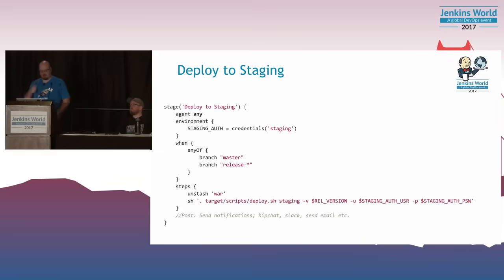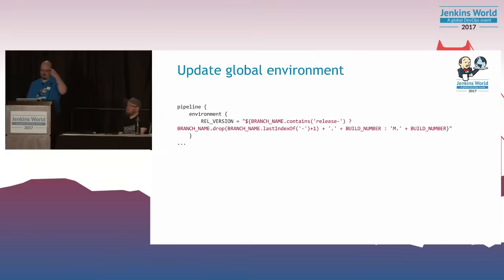So there's this rel version thingy here. I'm going to need this rel version in both the staging and the actual production release. So up on top in the global environment, I can do some Groovy things. Declarative Pipeline is actually trying really hard to hinder you from shooting yourself in the foot. But with Groovy strings, we can aim as hard as we can and maybe get a toe off or something. So basically here I'm looking at the environment variable branch name.